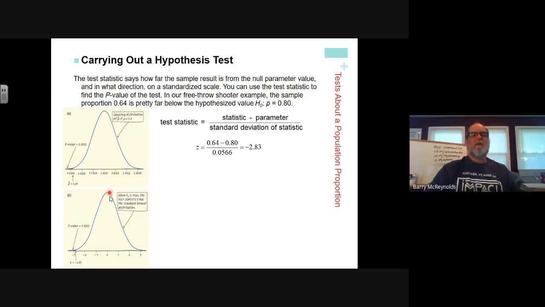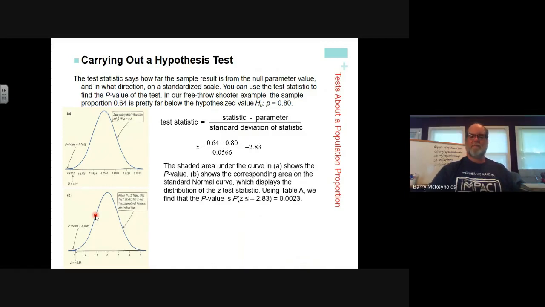What we conclude here, when the null hypothesis is true, the test has this normal distribution. And so the conclusion that we're going to draw, the shaded area shows the p-value. The p-value is this probability that we would get a p hat as extreme as the one we calculated.